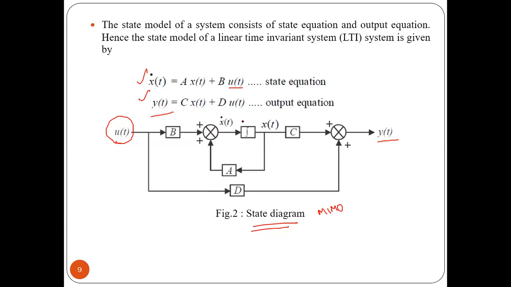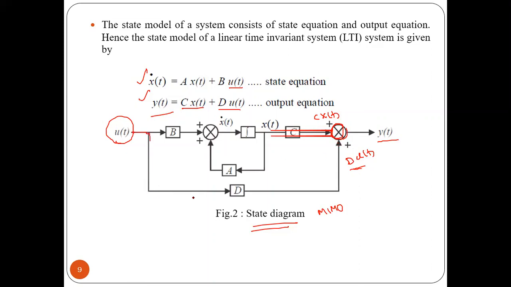So leave it at this moment. Then y of t is equal to what? C into x of t plus D into u of t. So it is just a summation of two inputs. One is C into x of t, another one is D into u of t. So how to get D into u of t? From the u is here.